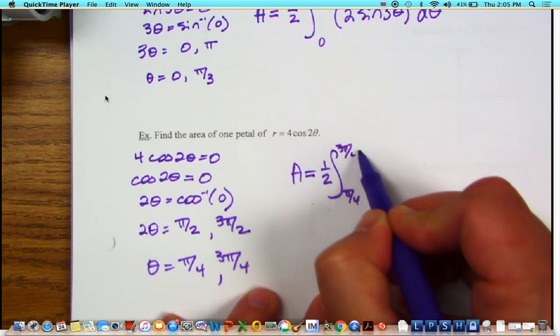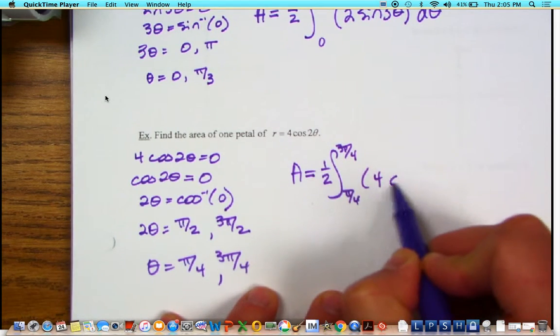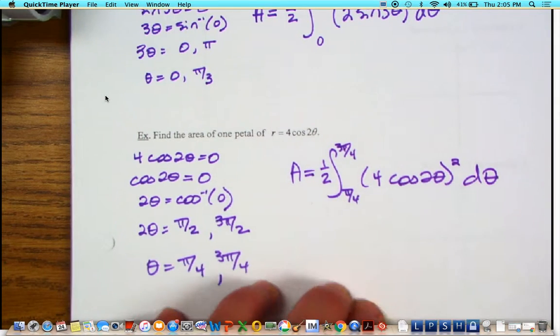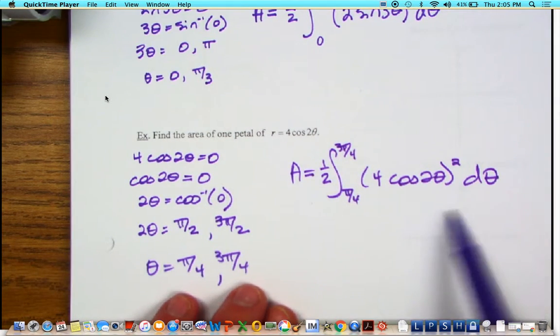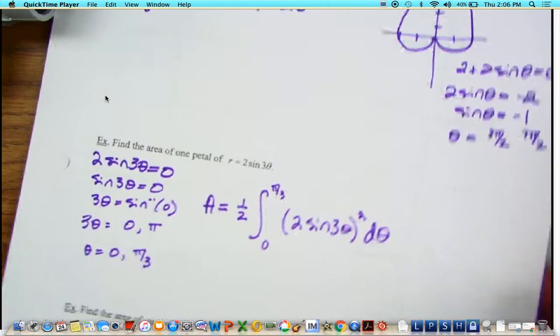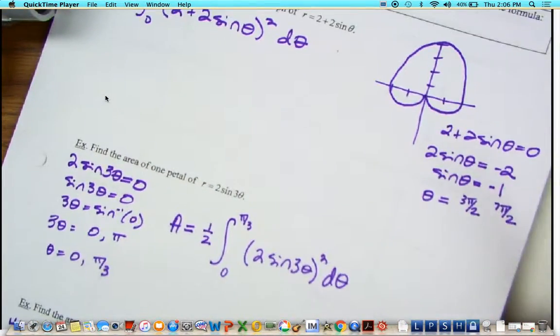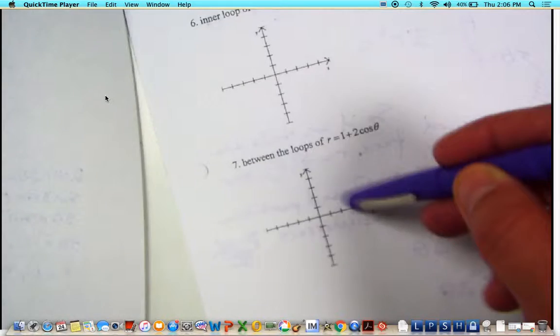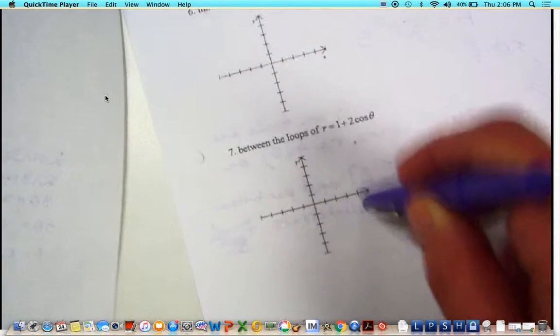I'm going to talk to you about that one a little bit more when we come back, because I need you to be able to recognize that in a different way on a multiple choice question on the AP test. So what I want you to do is finish looking at those graphs, the other ones we didn't get to, and then calculate the area of these 7 questions in this packet.